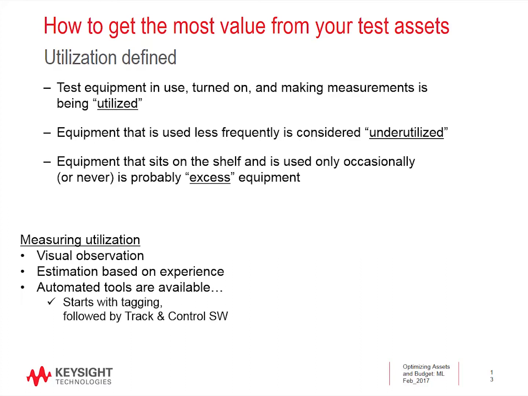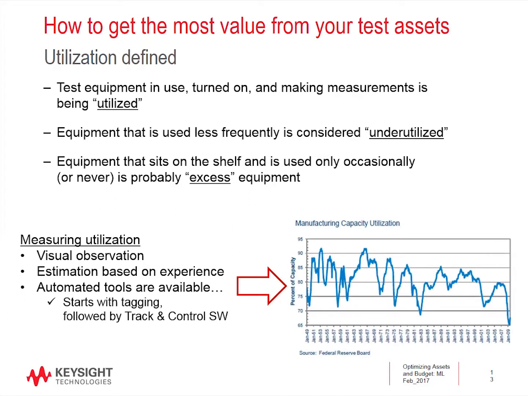And there are an increasing number of automated tools that are becoming available to track and monitor equipment and get empirical measurements of utilization. Once you have your utilization measurement methodology figured out to satisfaction, you can start to put together a map of your equipment's utilization and what its trends are, which tend to change over time, and look for opportunities to increase how much your assets might be able to be in service.